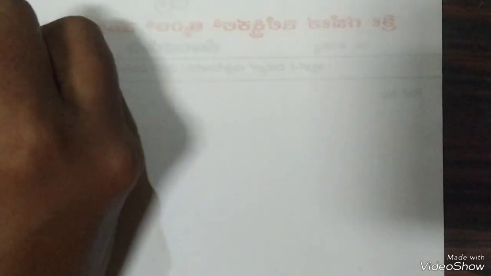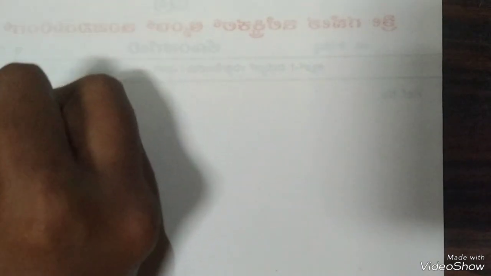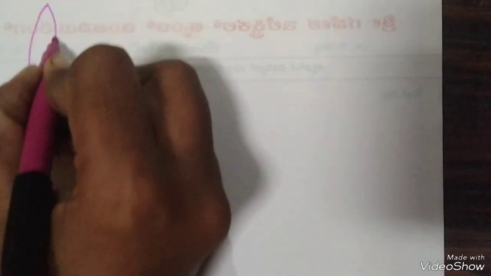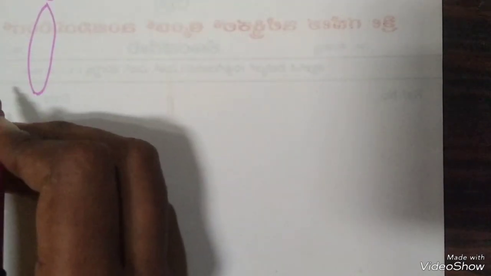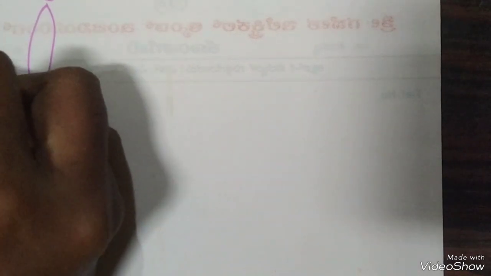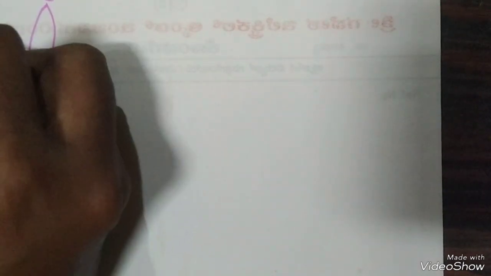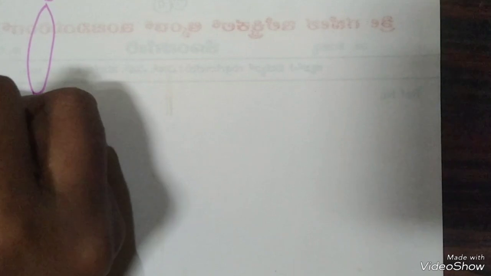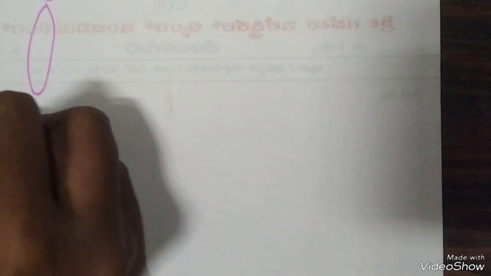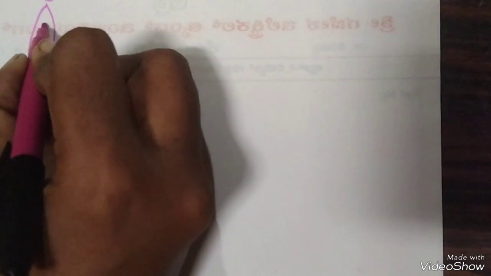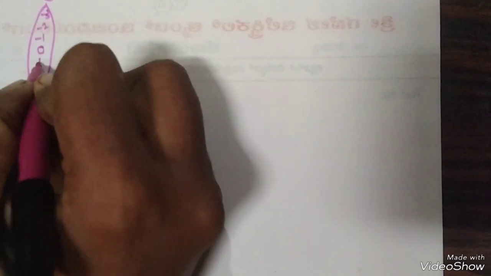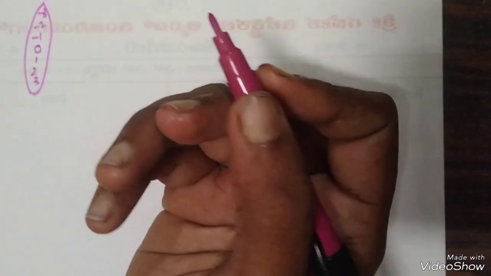Integers means the numbers containing 0 and plus or minus values: 0, minus 1, minus 2, minus 3 and so on, and plus 1, plus 2, 3 and so on. Now check the condition.